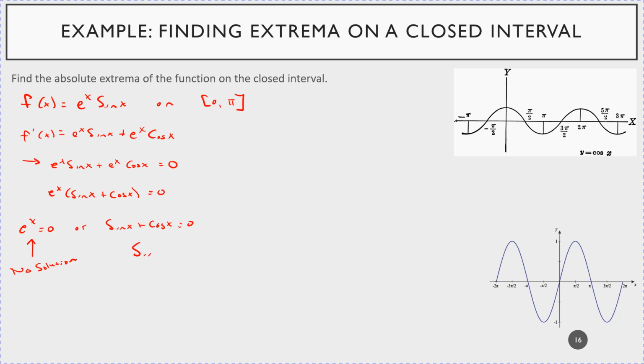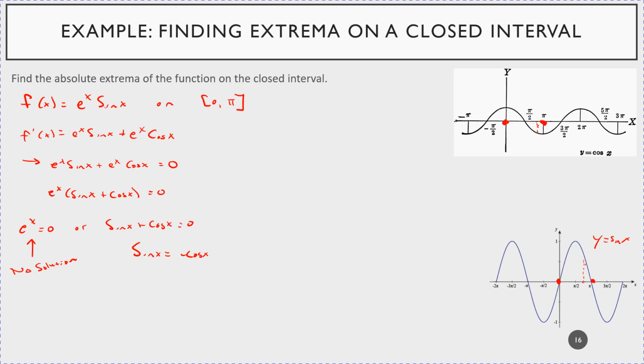I have to look, where does sine of x equal negative cosine of x? Specifically from 0 to pi. So here's cosine from 0 to pi. Okay, and this is sine from 0 to pi. Well, look here. Somewhere between pi over 2 and pi, they're opposite signs, right?